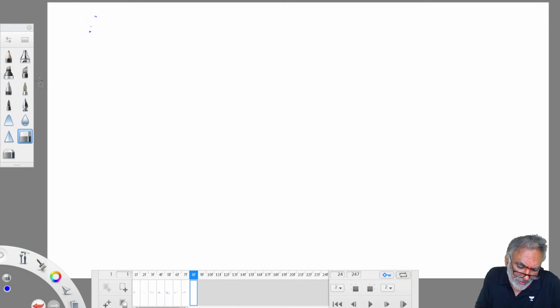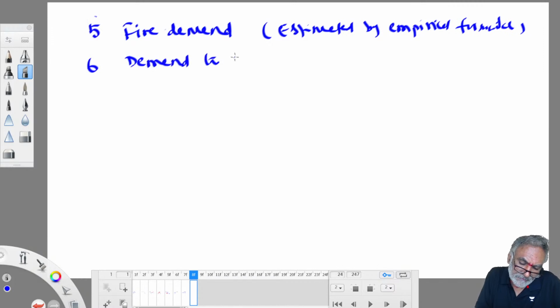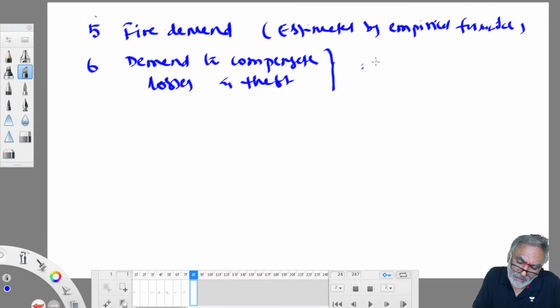So using an empirical formula we work out fire demand, estimated by empirical formula. Then demand to compensate loss and theft. This is taken anywhere around 5 LPCD.